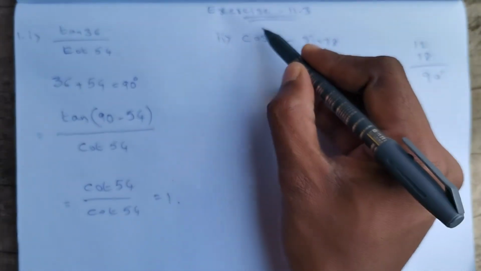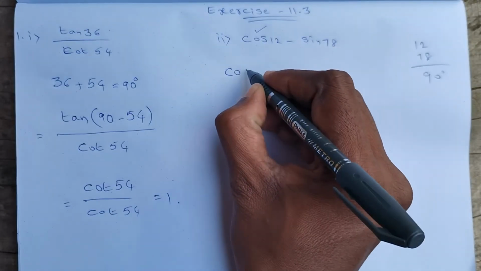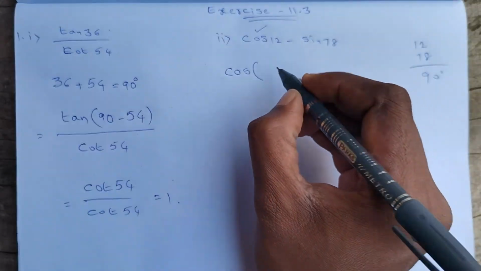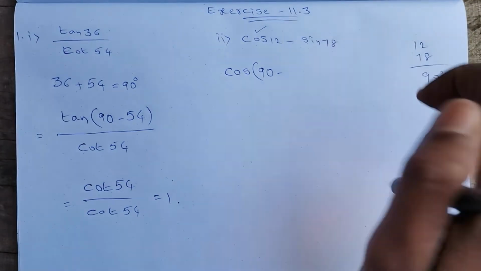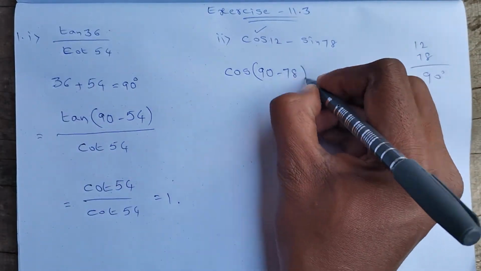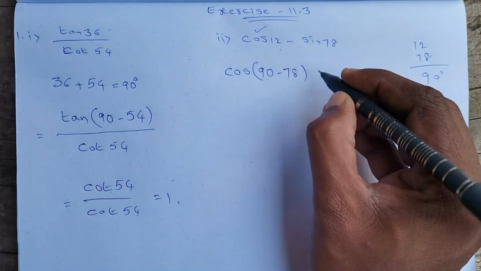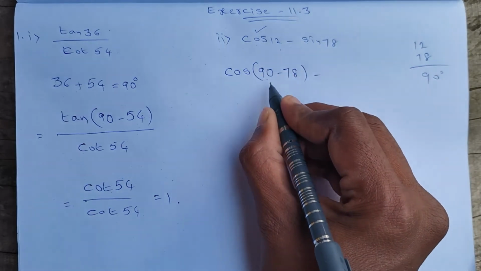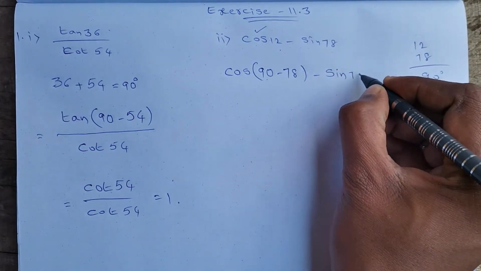In this case I am trying to change the first one. So cos as it is, this number 12 we can write as 90 minus the second number 78. 12 we are writing as 90 minus 78, minus. The first term we are changing, so write the second term as it is, sin 78.